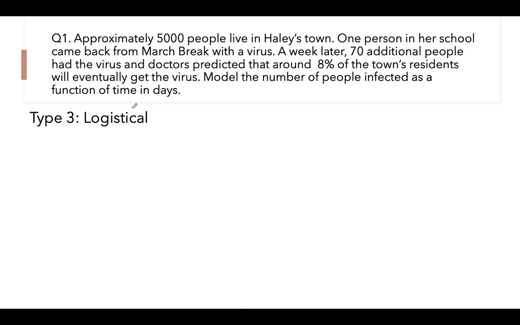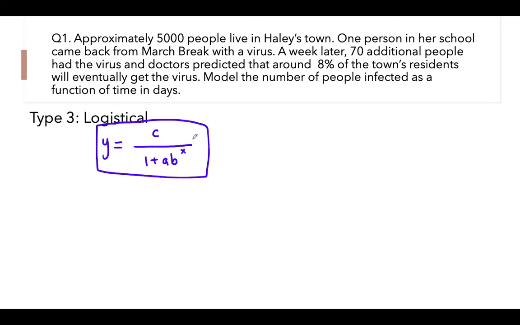So the formula for the logistic method looks like this: y is equal to C over 1 plus ab^x. This formula, you don't have to memorize it. It will be given to you. But you need to know what the letters represent.